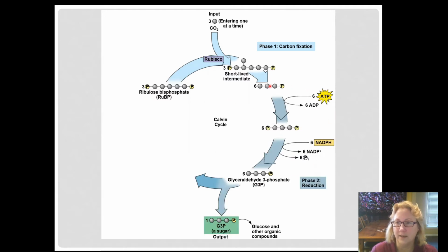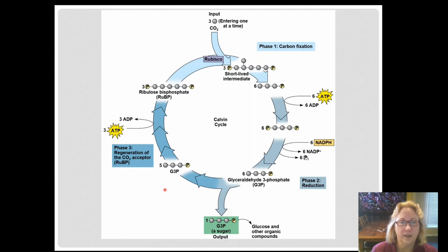Then we have several reactions here, which you don't need to know the details of, but ATP is used to destabilize bonds to make things more able to react, and NADPH is used to reduce carbons. So we end up with G3P as an output here. And then we regenerate our starting material.